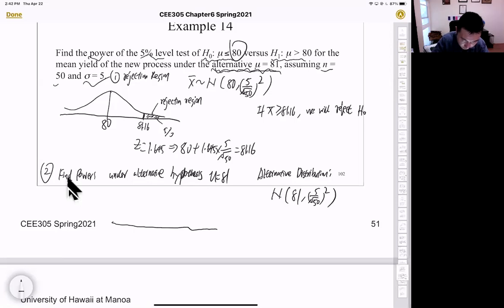So let's draw the null distribution and the alternative distribution together. For the null distribution, the mean value is 80. For the alternative distribution, the mean value is 81.